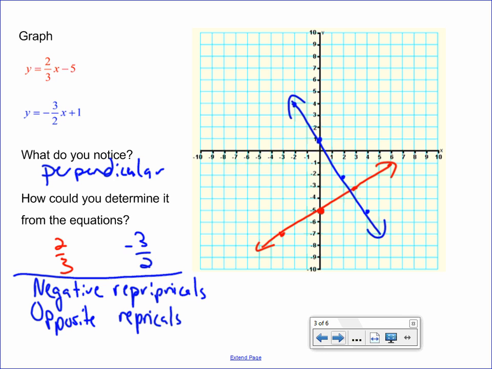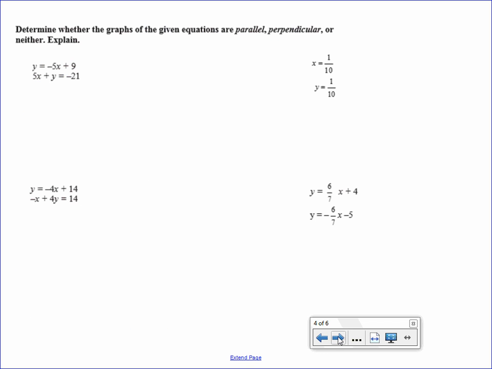Okay, so we're going to use that fact to look at equations now to determine if they are parallel, perpendicular, or neither. The first thing we have to do is have two equations where we can determine the slope. This first one, I can tell, obviously, that the slope is -5 because it's in slope-intercept form.